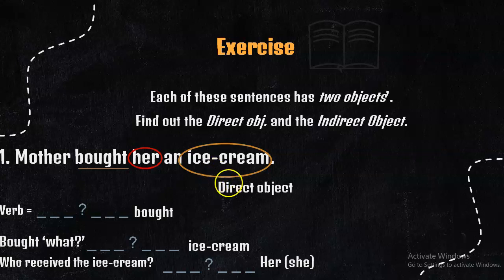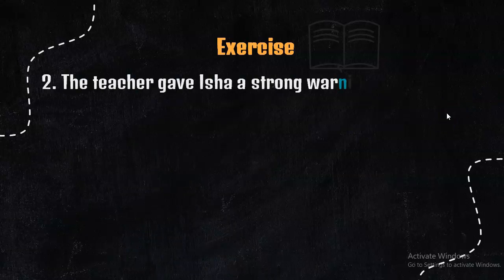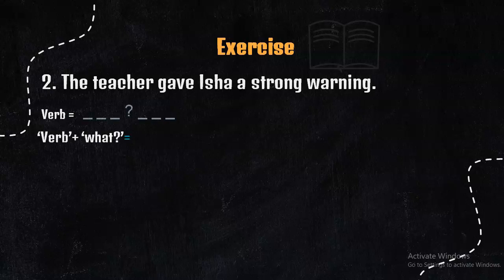Alright, now let's see if you can solve the next question. The teacher gave Isha a strong warning. Here, I am not going to tell you the answer. Find it out yourself. Just first figure out which is the verb. Then see verb plus what.